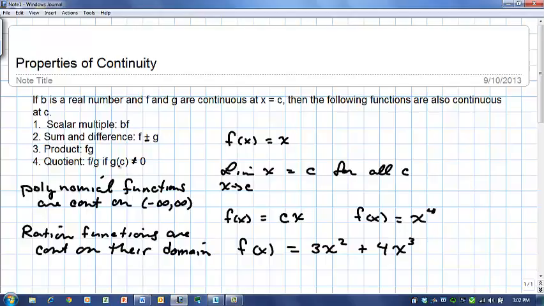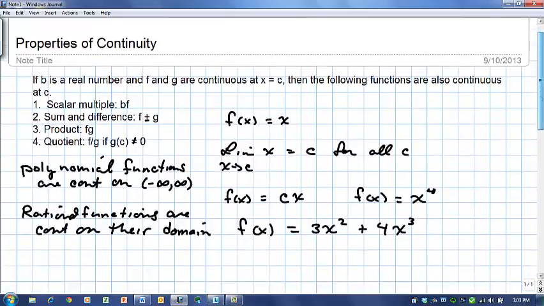Okay, because basically here, the stipulation that g of c is not equal to 0 would mean that g of c has to be within the domain of this rational function. So we have rational functions are continuous everywhere on their domain.